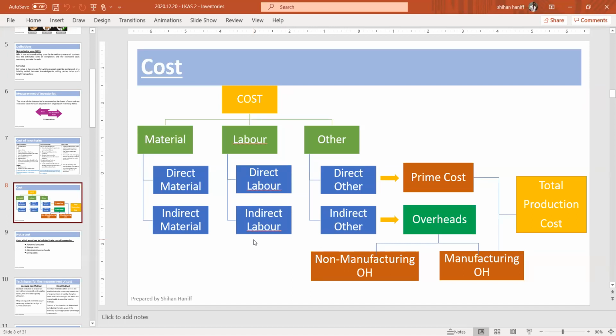So initially, a business needs to calculate the cost of production. The main purpose of learning manufacturing accounts is to calculate the cost.